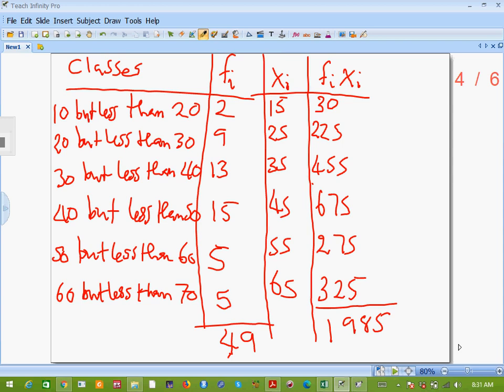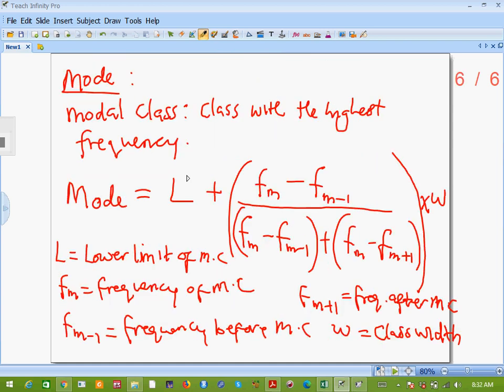You can get as well any two upper limits, like 50 and 40 there. You're going to find that the difference is 10. So subtract the smaller value from the bigger value. So that's how you find the class width when you have been given a table. So from here, it is 10. Therefore, we can now find our mode.